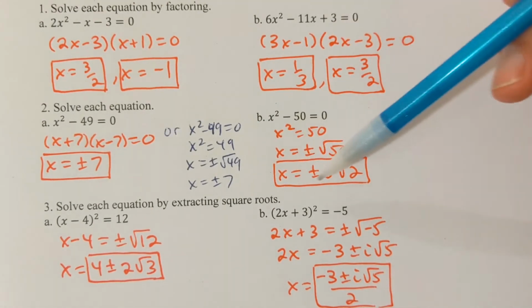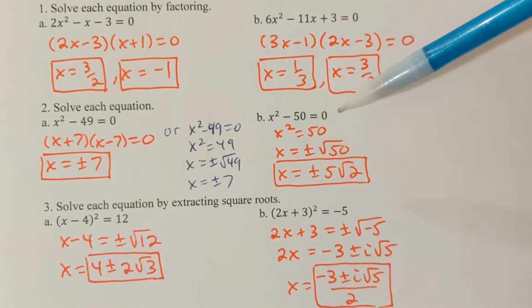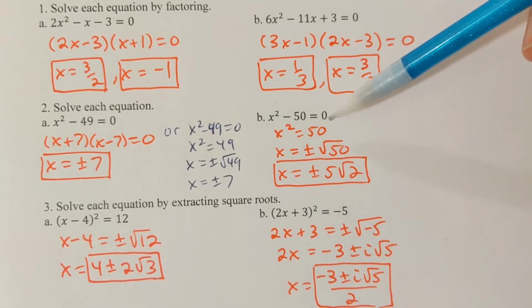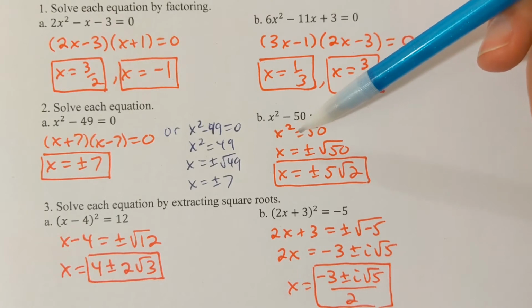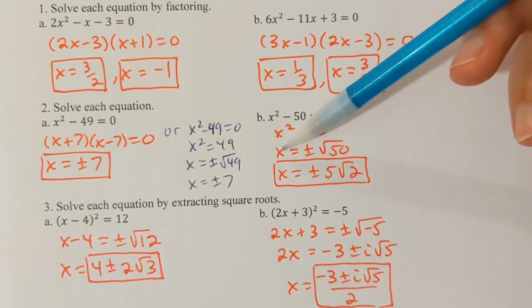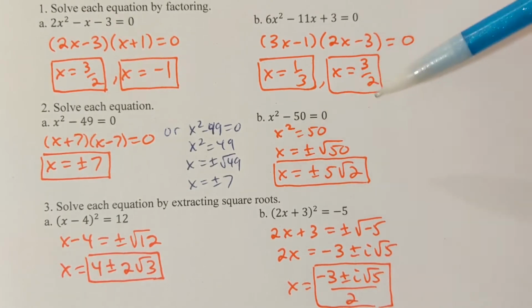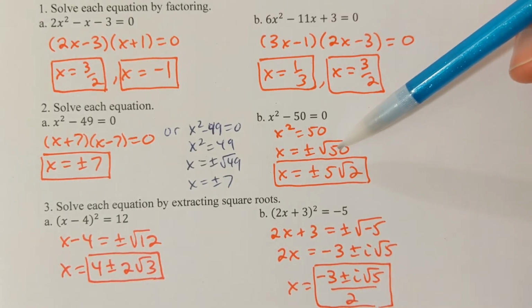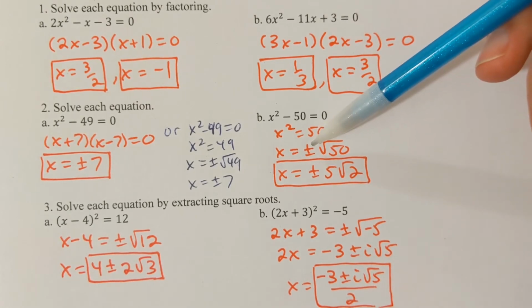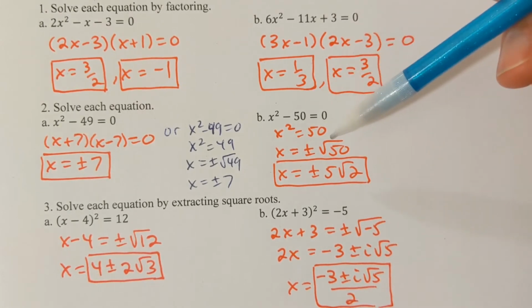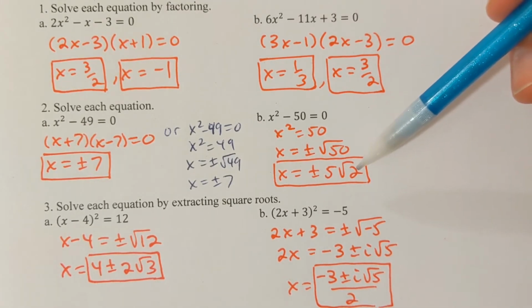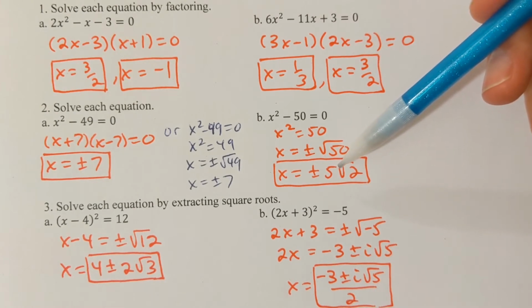Okay, now I'd want to be using the square root property in part B, since this is not going to factor nicely. Okay, let's add 50 to both sides, and then we'll take the square root of both sides to get x all alone. Square root of x squared is x. Okay, I'll have plus or minus the square root of 50 then on the right. Again, don't forget about the plus or minus there. Root 50 will break down nicely for us. 25 times 2 is 50, and we know the square root of 25 is 5, right?